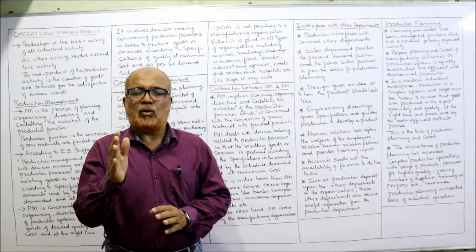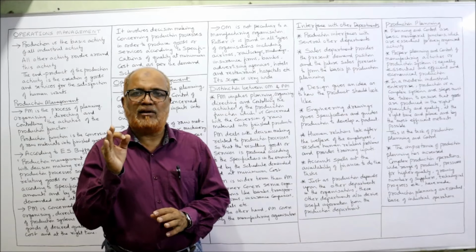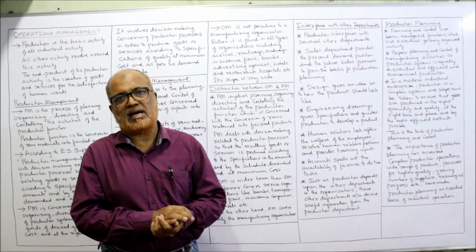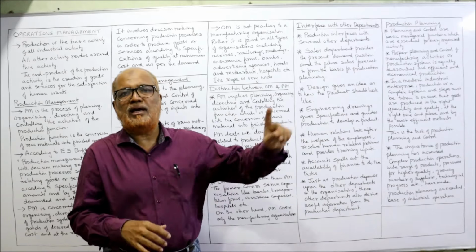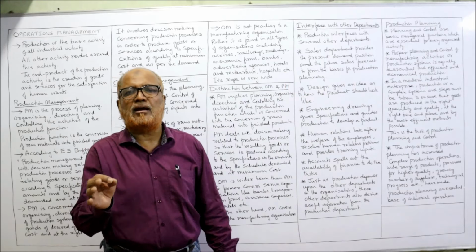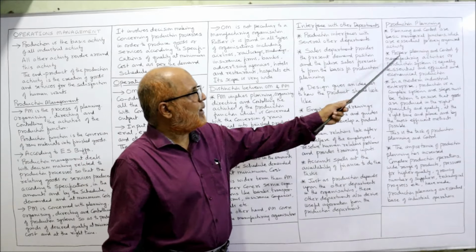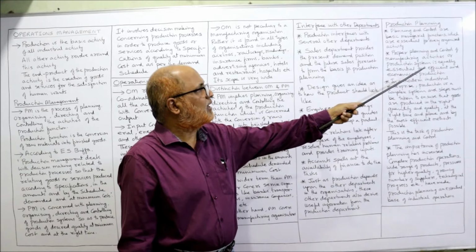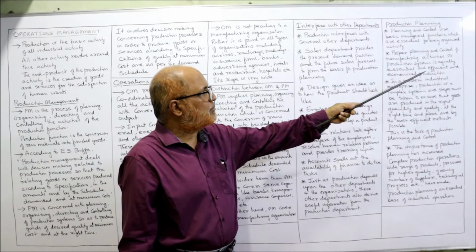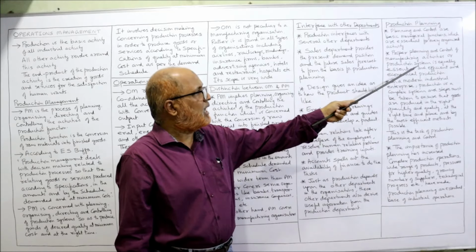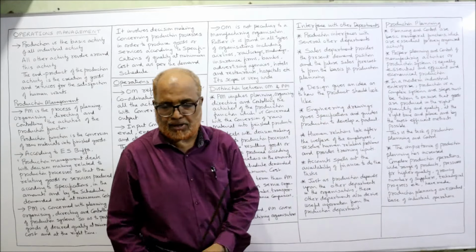So planning and controlling are the basic essential features of any organized activity, and particularly in production also, planning and controlling is very, very important. So proper planning and controlling of the manufacturing system is essential for efficient and economical production.